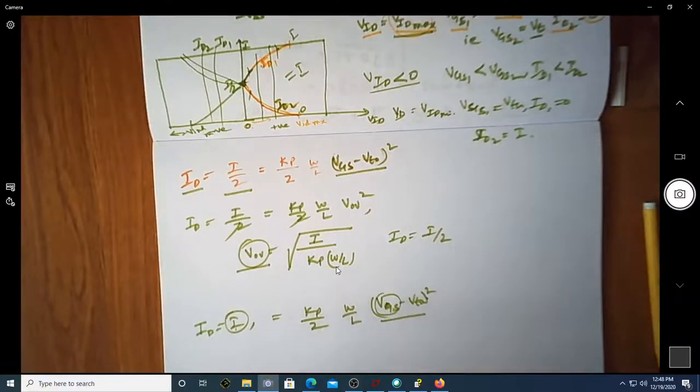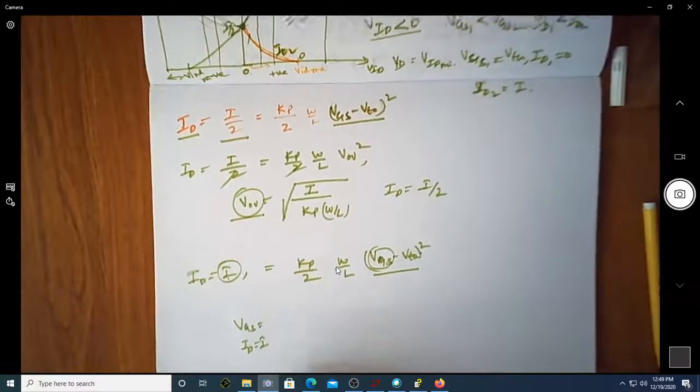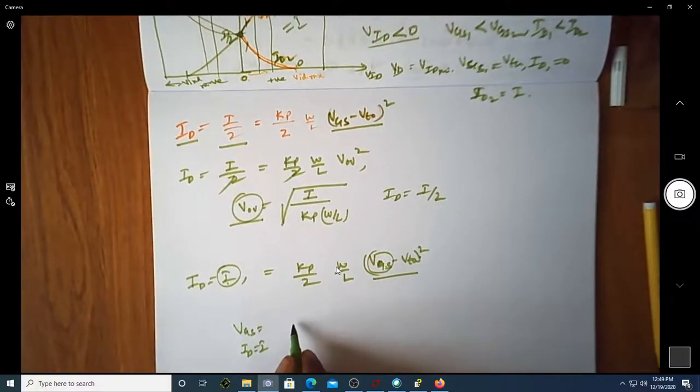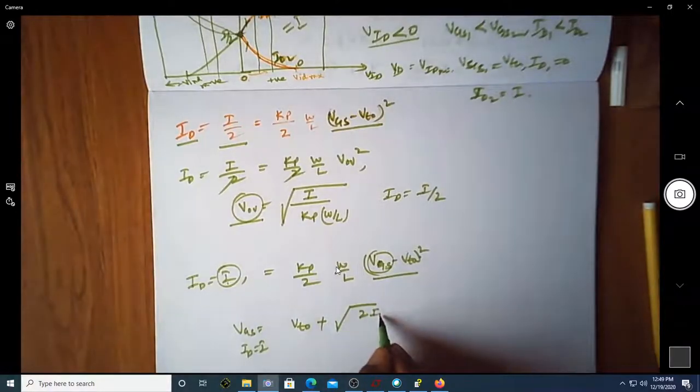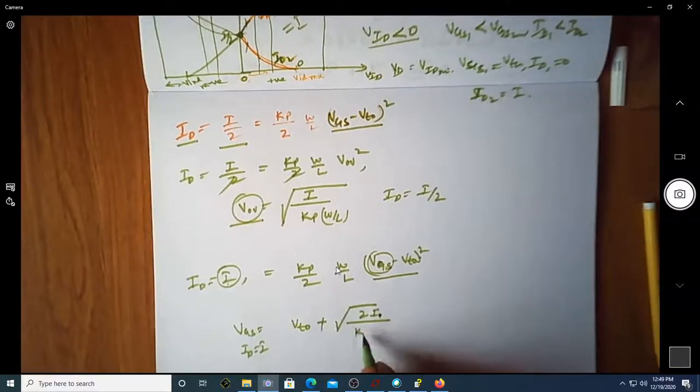Now, can I write this as VGS, this is VGS for ID equal to I, equal to VTO plus the square root of 2I divided by Kp into W by L?